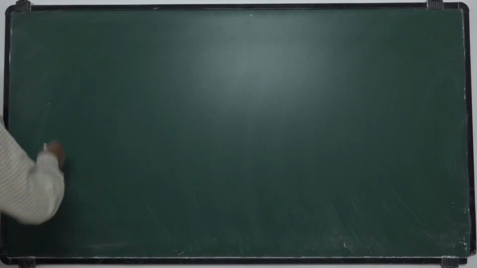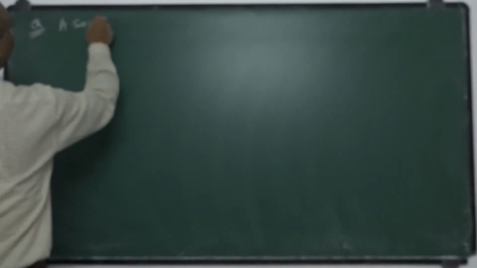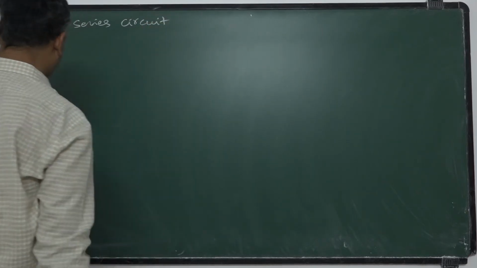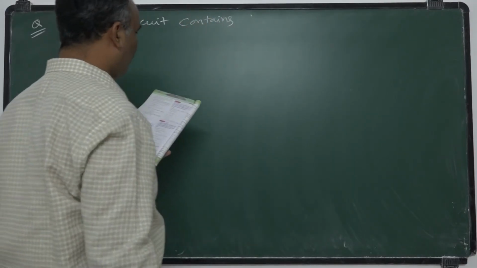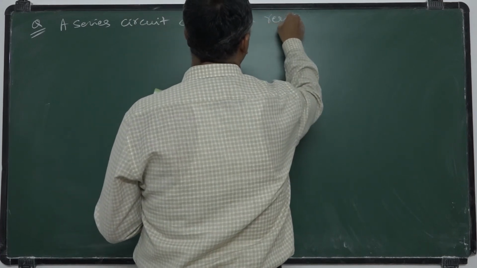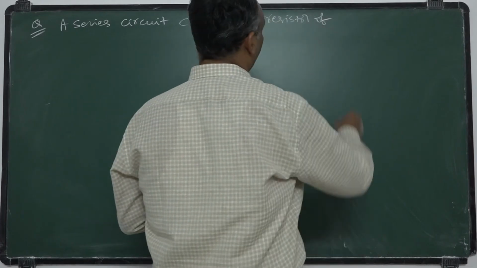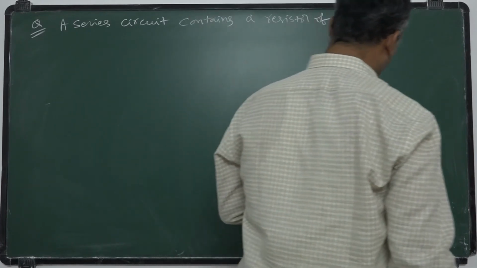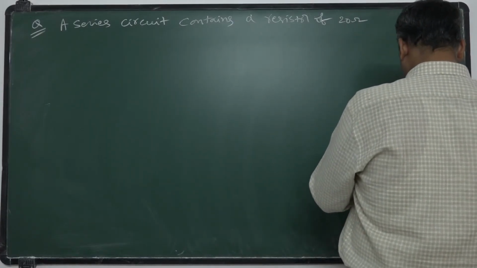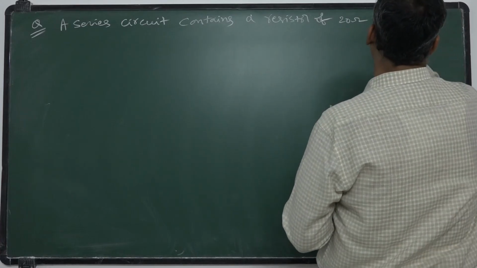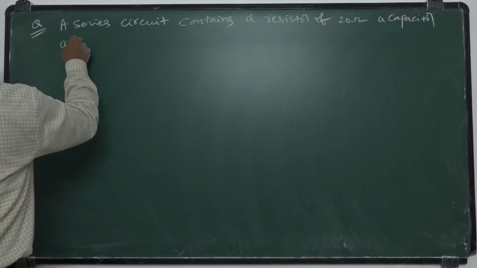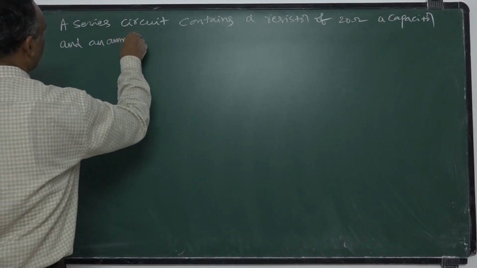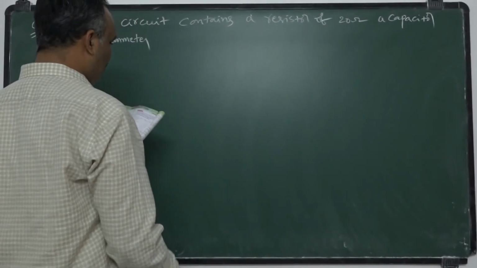One more question let us discuss. A series circuit contains a resistor of 20 ohms, a capacitor and an ammeter, capacitor and ammeter of negligible resistance.